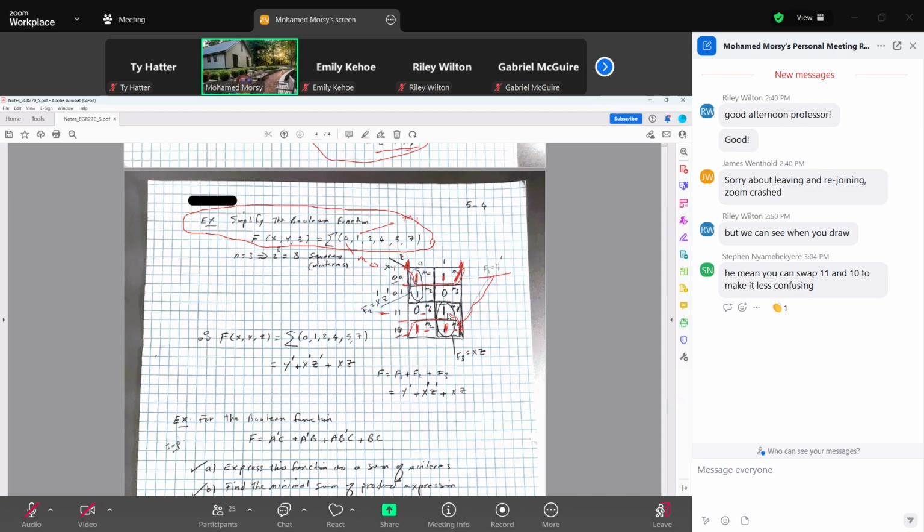So these four are adjacent. Then we have one left here, and one left here. Again, this one we can take with this one as one group, and also this one we can take with this one as one group. So we have another fundamental product here.